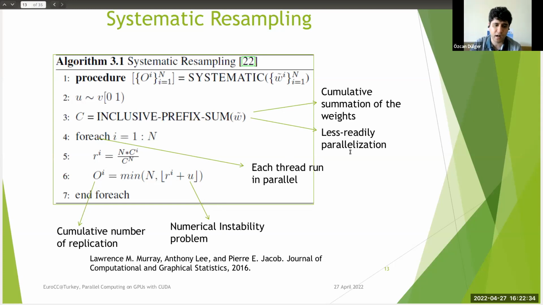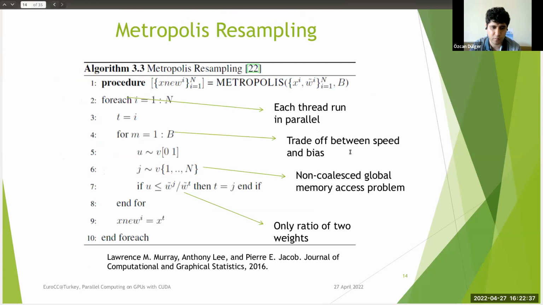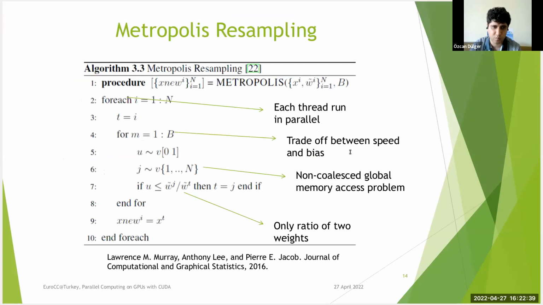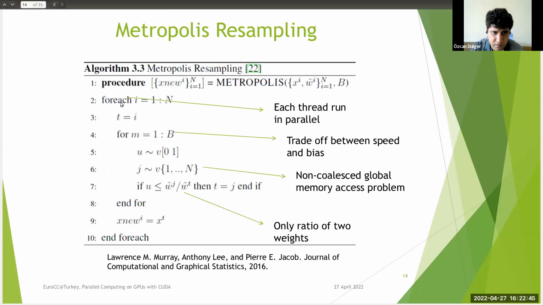In order to overcome this problem, Murray and his co-workers proposed the Metropolis resampling algorithm. Let's focus on this algorithm. Look at this one here. There is a loop here, and there is no dependency between the iterations of the for loop, so each thread can run this in parallel.